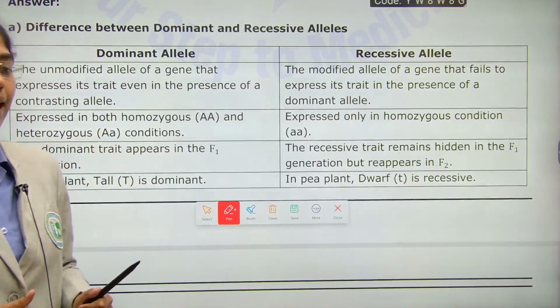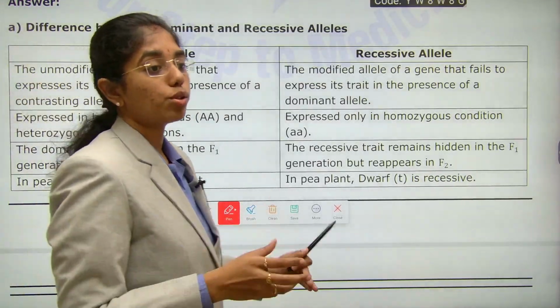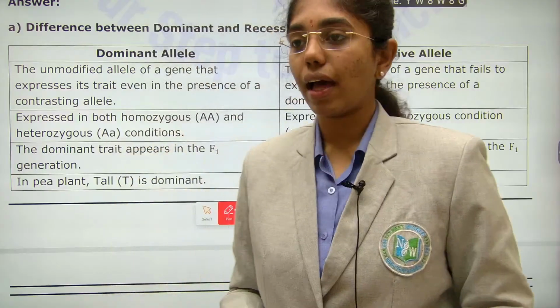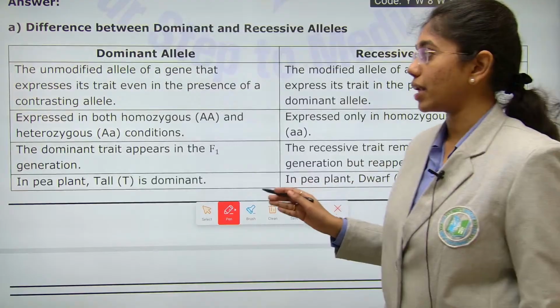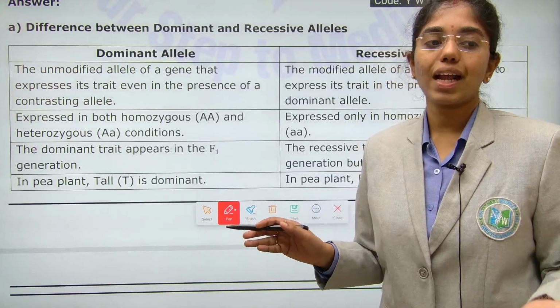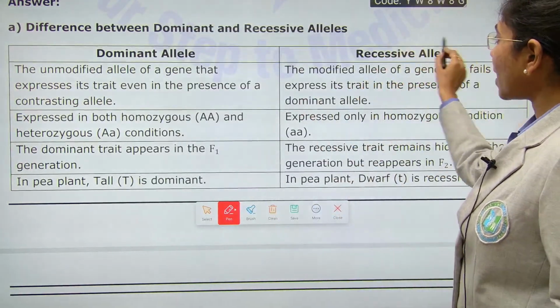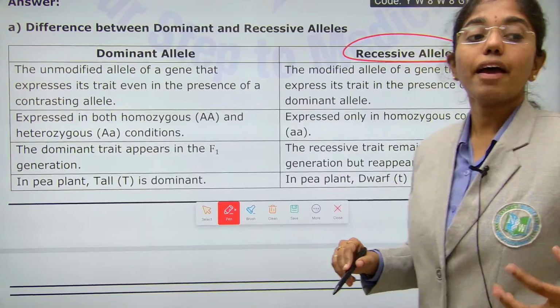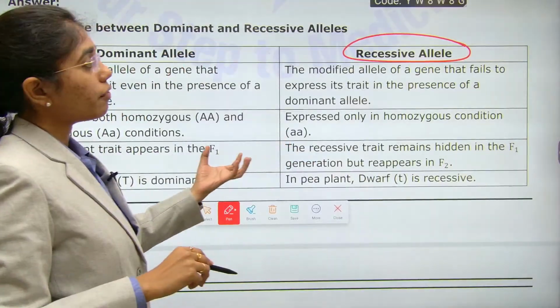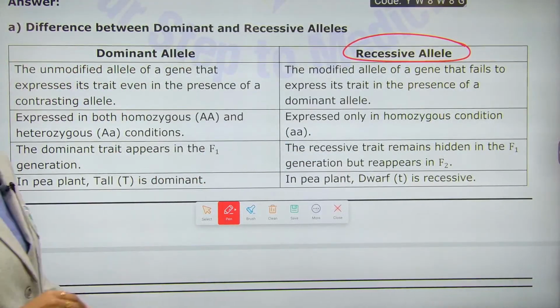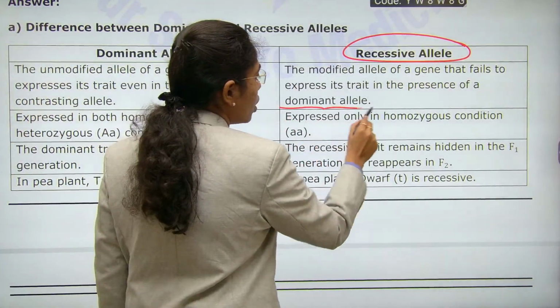In your NCERT, modified allele is the term used for recessive alleles. The unmodified allele of a gene expresses its trait even in the presence of a contrasting allele. But in the presence of a contrasting allele, the effect of the recessive allele is masked. The modified allele fails to express its trait in the presence of the dominant allele.